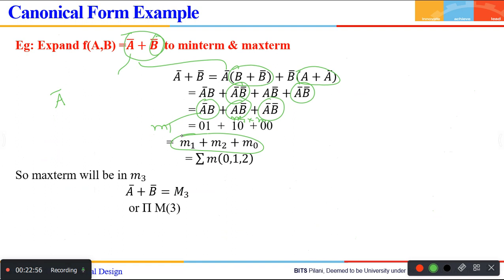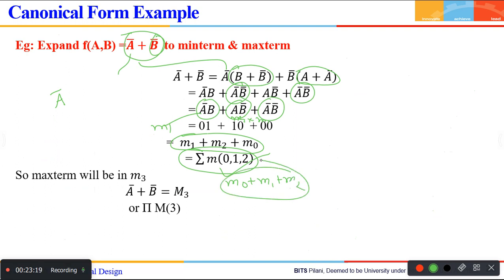There is one more form to represent this, it's called canonical form. Suppose the same equation can be represented as summation of m of 0, 1, 2. What is the meaning of this? Meaning of this is equal to m0 plus m1 plus m2.